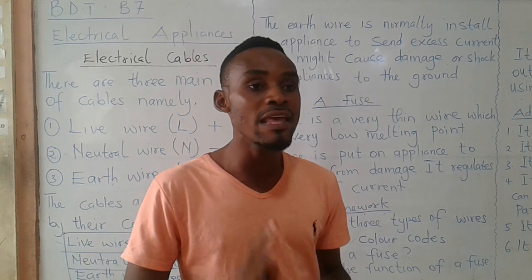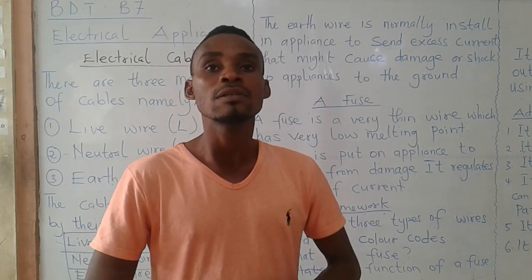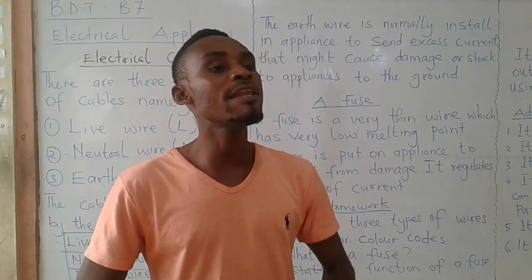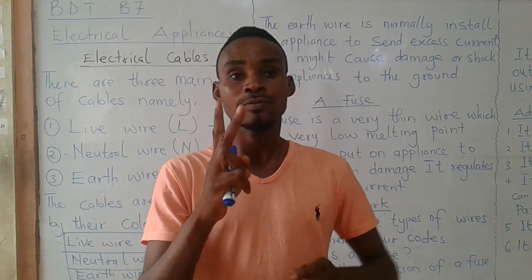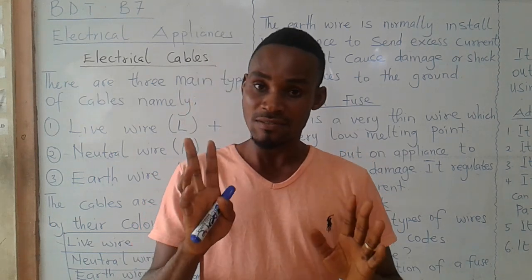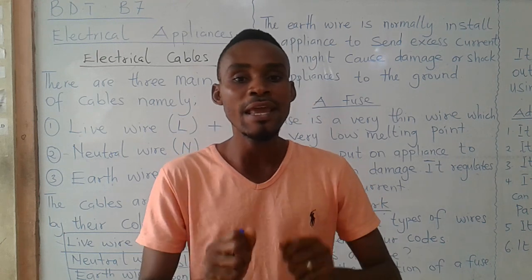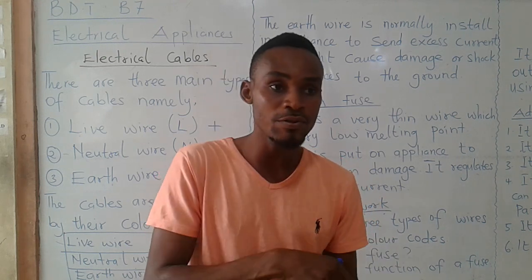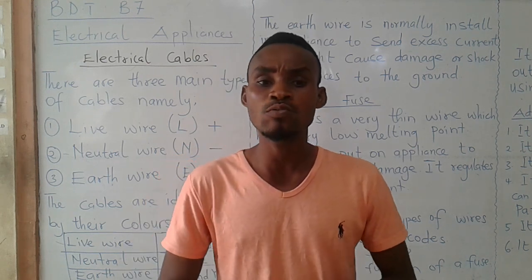When you see any blue wire, it is neutral wire. Then we have the earth wire. The earth wire has two colors put together to form it. That is green and yellow. You see the green and the yellow at the same time. So that is about the earth wire.